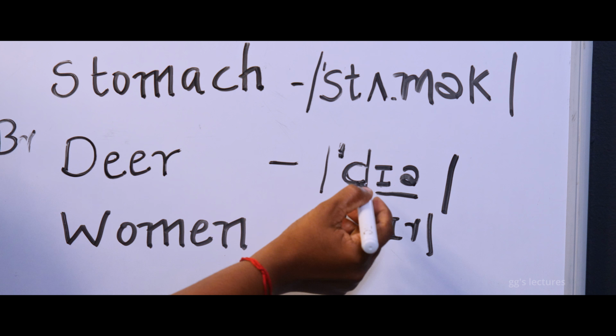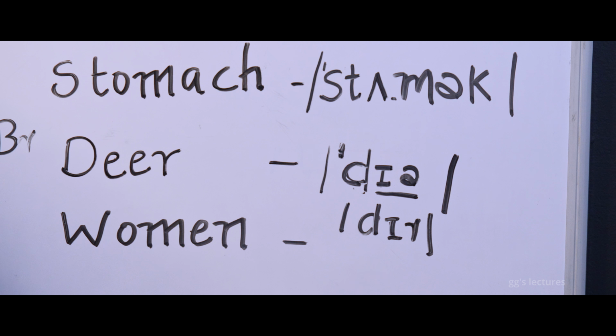In British, we sound it with a diphthong, but in American English, there comes d sound, e sound, and r, consonant r. So there is a difference between American and British English.